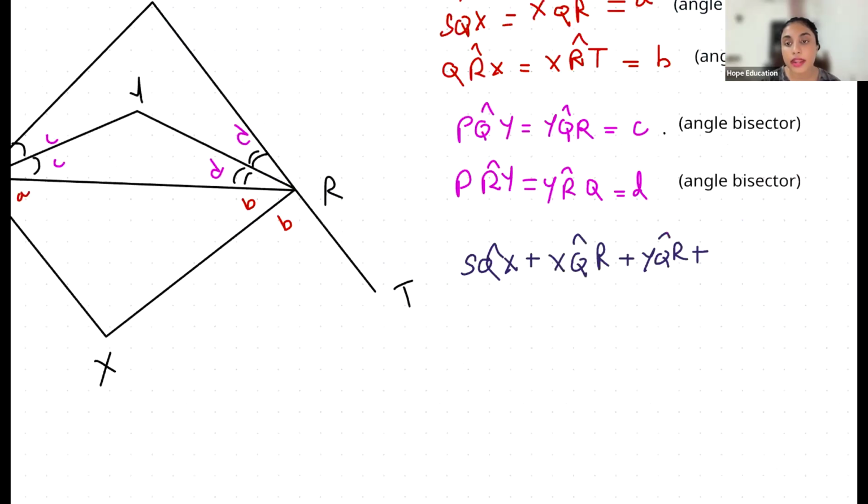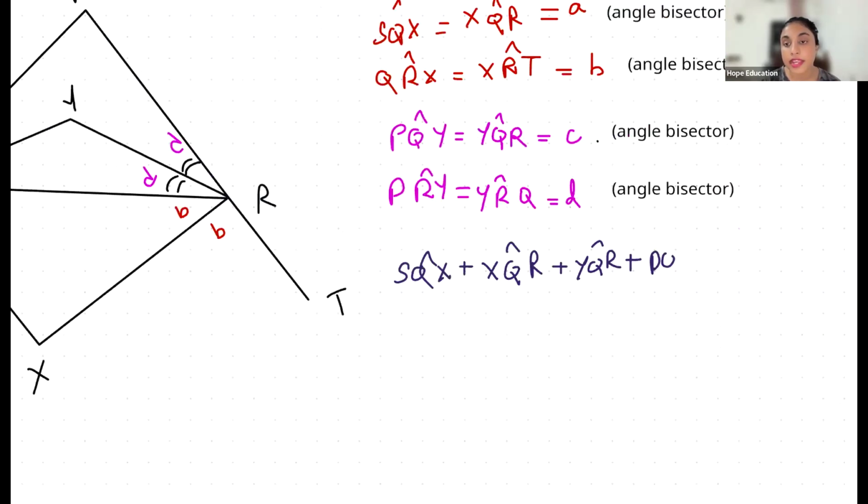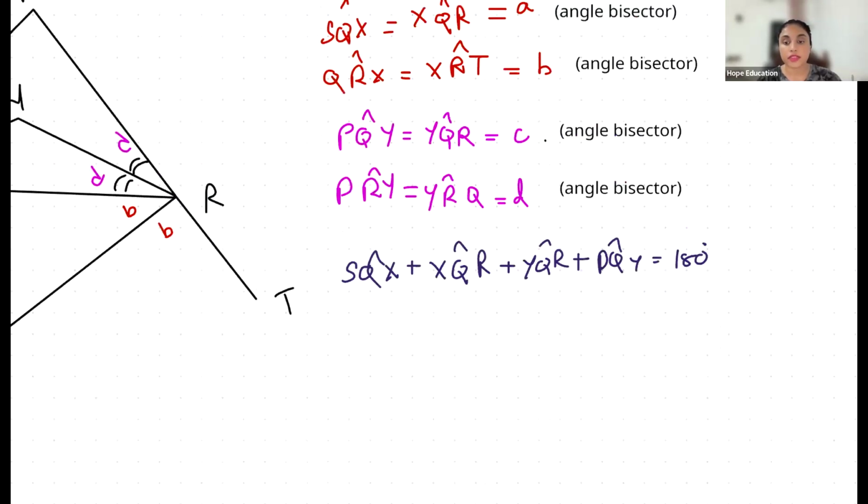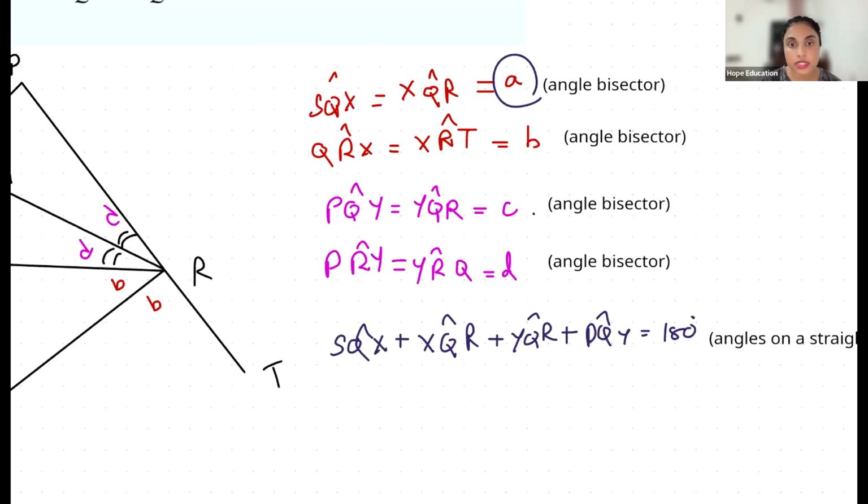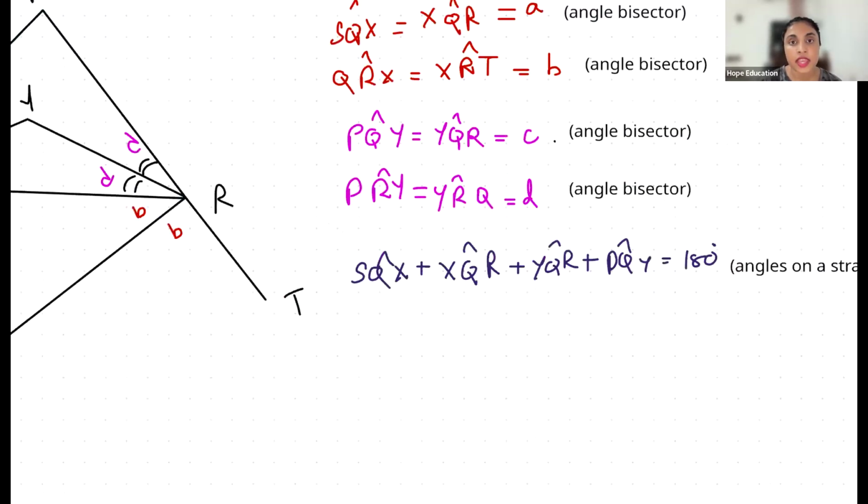All of these when you add up will be 180 because they are angles on a straight line. So I will write the reason, angles on a straight line. So this is A, this is also A, and this is C, this is also C, equals 180.